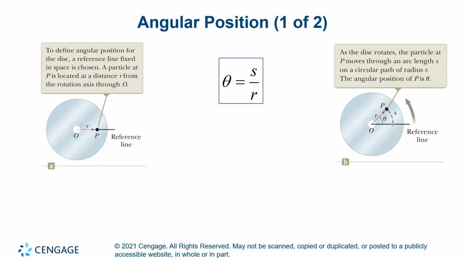Our reference line, if you look at the picture on the right, is usually the positive x-axis, right? And as the disk rotates, the particle at P moves through an arc length S, which is an arc in the circular path of P as the disk rotates. R is the distance from the origin to point P, and theta is the angular position of point P.